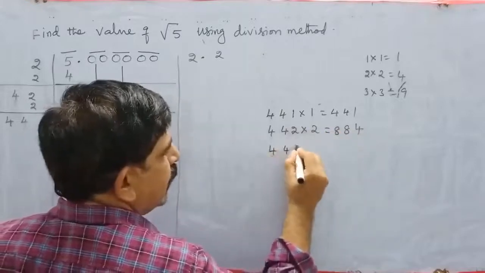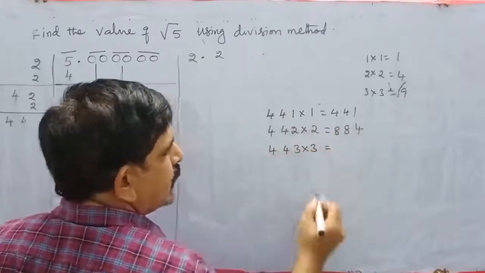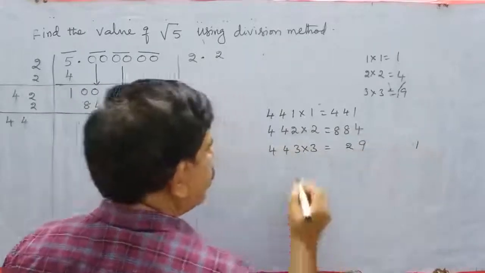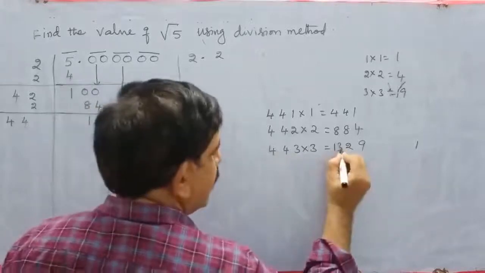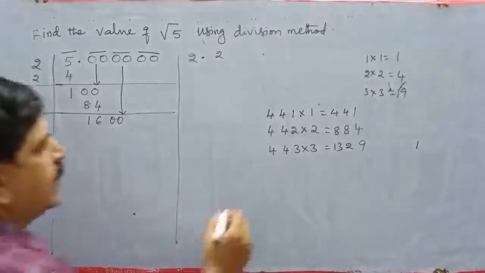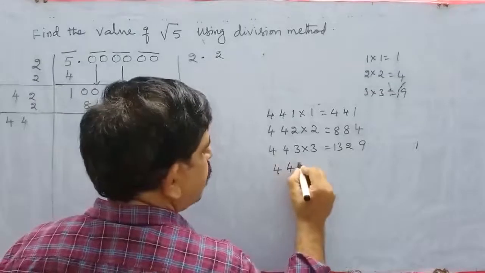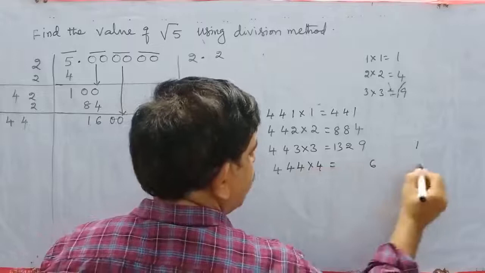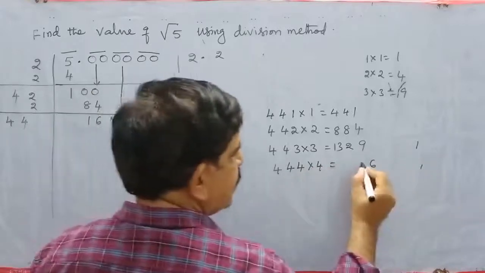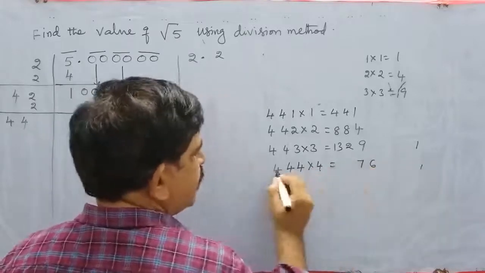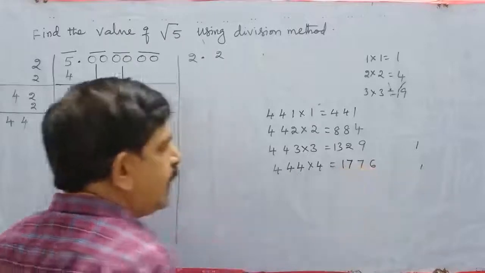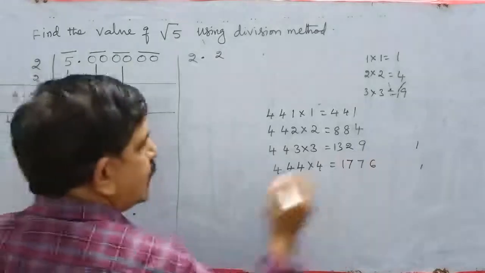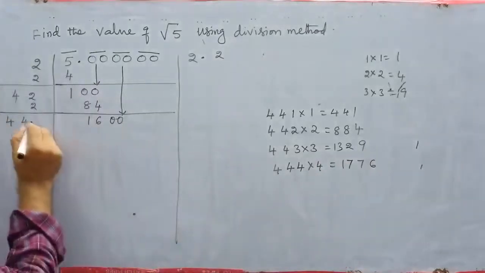Next, 443 into 3: 3 3s are 9, 3 4s are 12, 3 4s are 12 plus 1, 13, so 1329. Next you take one more time, 444 into 4: 4 4s are 16, 1 remainder, 4 4s are 16 plus 1, 17, 1776, that is more than 1600. So you take 1329. How many times? 3 times.